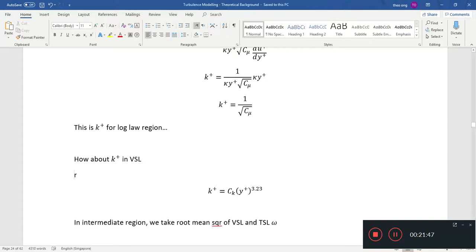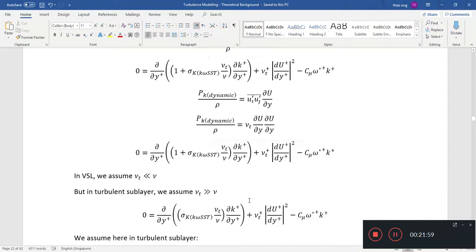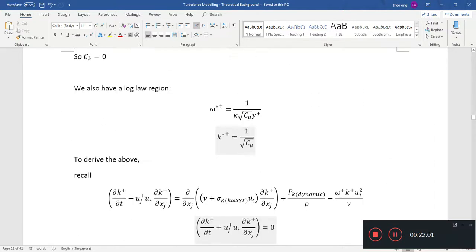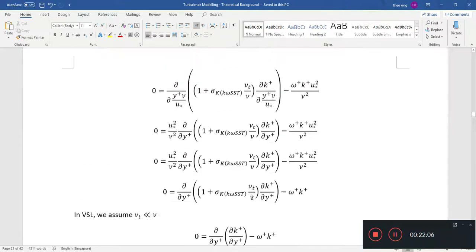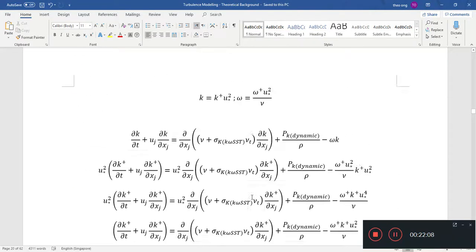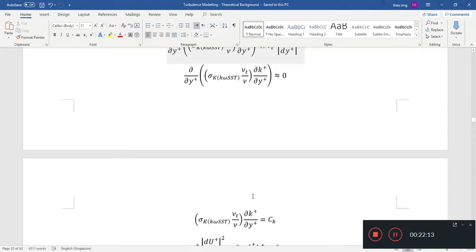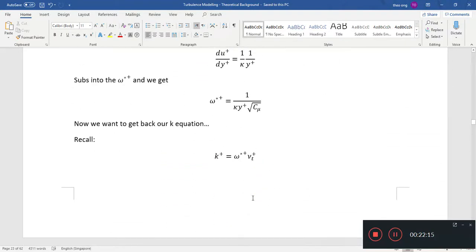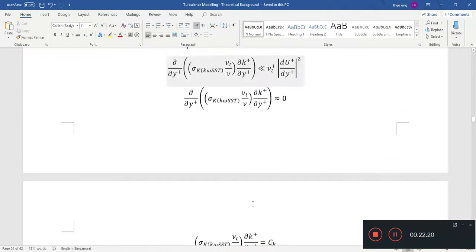Recall k plus equals Ck times y plus to the power of 3.23, and what we have is this equation for Ck. Let me scroll up.